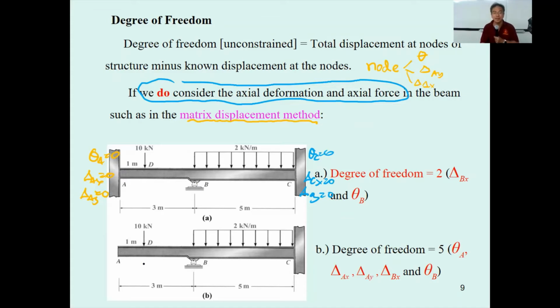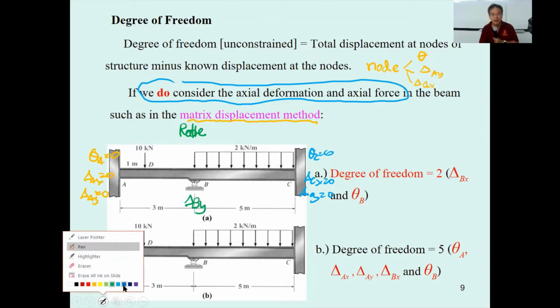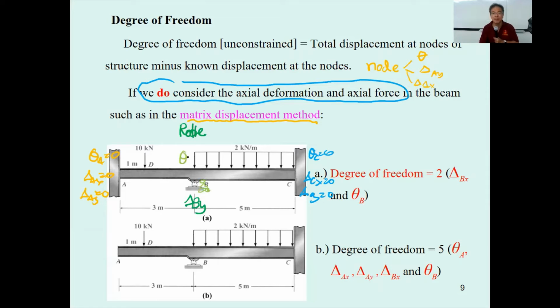The B is the roller. Since B is the roller, B only prevents the deformation in the y direction. That means B can deform in the x direction. So it can have theta sub b as previously mentioned, and delta sub bx. So that is going to be 2 degrees of freedom.